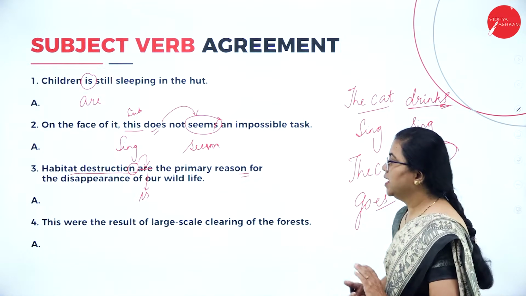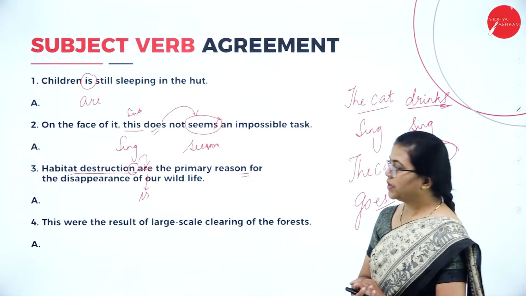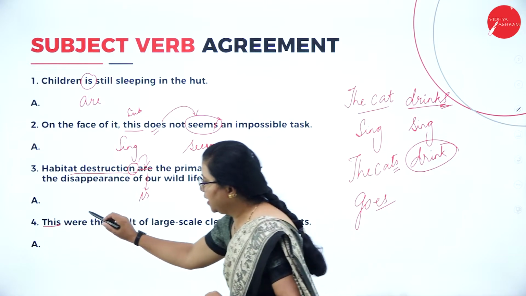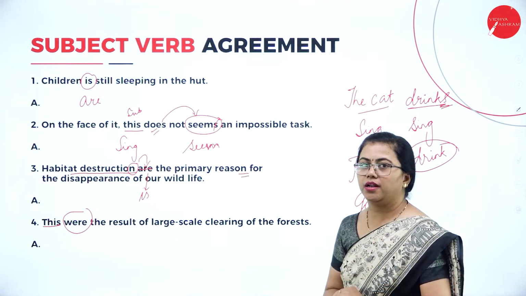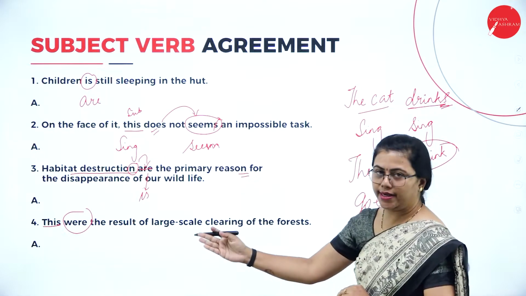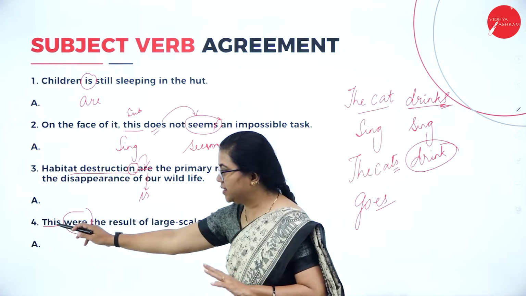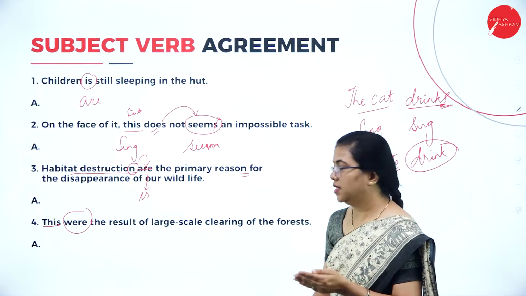Next, this were the result of large scale clearing of the forest. Here I have started with this, and then I have used a plural verb. So what should be done? Either this has to be changed or that has to be changed. Suppose I change this to these because I want to adjust with this verb. These were the result.